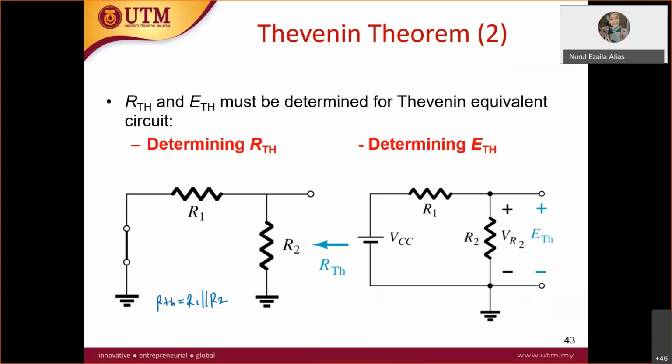V Thevenin, from this node to the ground, is equal to R2 over R1 plus R2 times VCC. So that's how you find the R Thevenin and V Thevenin.